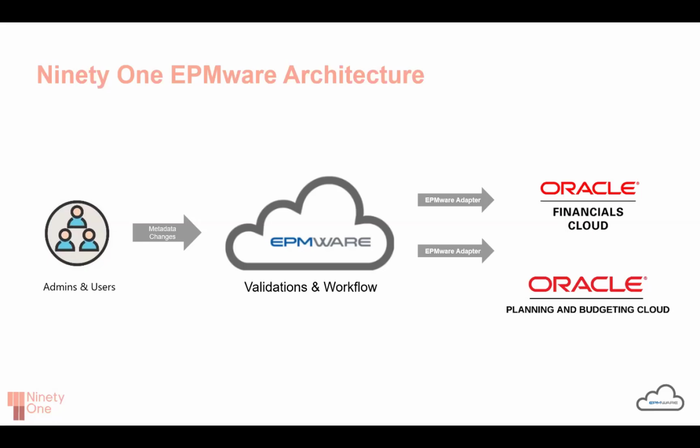But some folks do take the option of minimizing the amount of impact that they're going to have on the target application by just saying, look, we're going to allow our administrators to continue to manage the changes and to continue to receive changes to their architecture, just by simply starting by allowing the admins to create the change in EPMware.